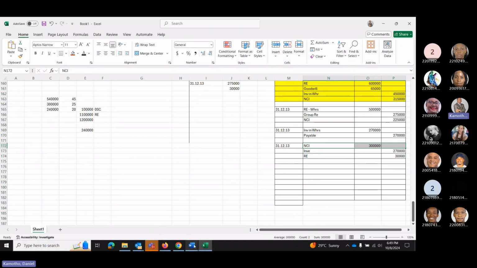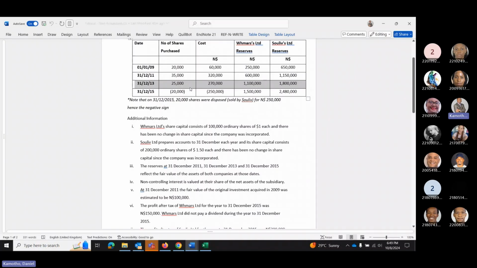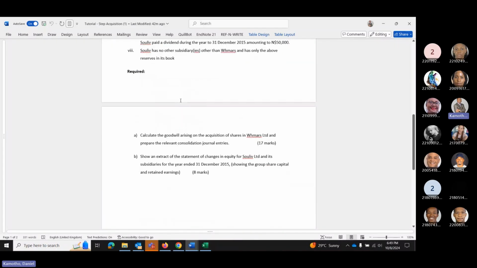Then we go back to the question. The question now, we are saying between December 2014 to the end of 2015, what do we need to do? Let me see. We are calculating the goodwill arising on the acquisition in the consolidation journals. So goodwill we have already calculated.